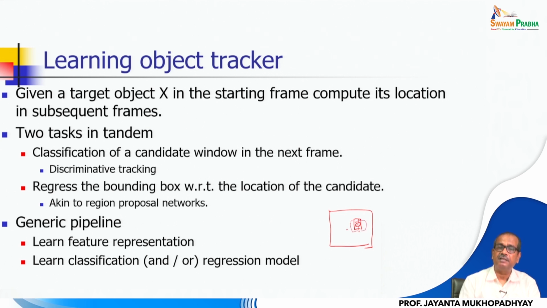So you get several instances, and this is a kind of data augmentation. From there you generate different kinds of training samples, and you can also perform some transformations on them to get more samples. Apart from that, of course, when you have labeled data on video training data, there also you can use them for making the learning more effective.